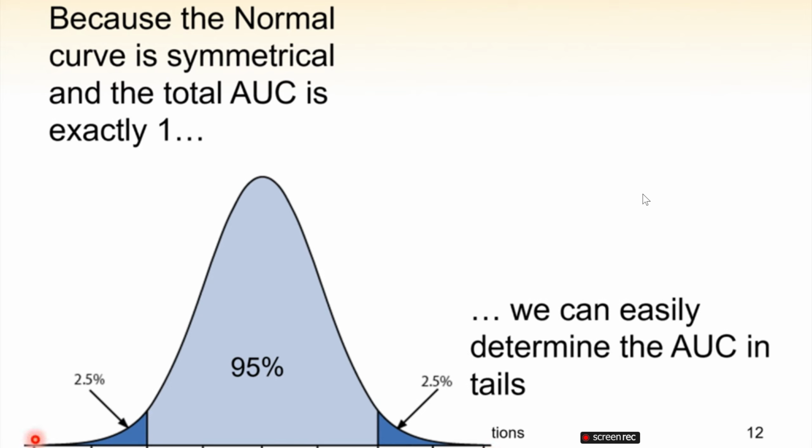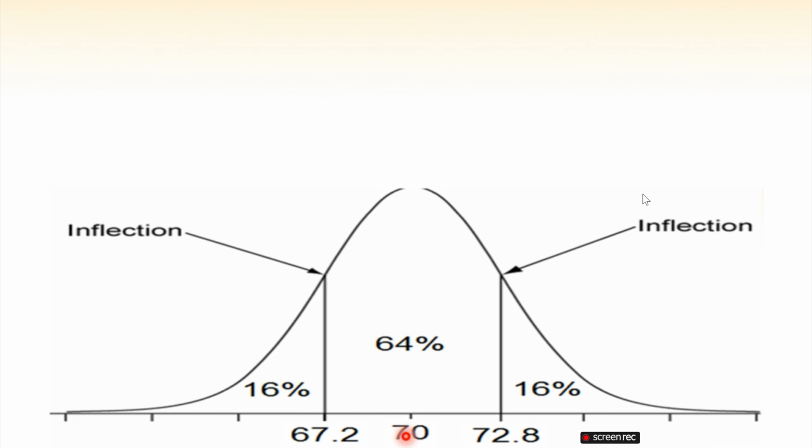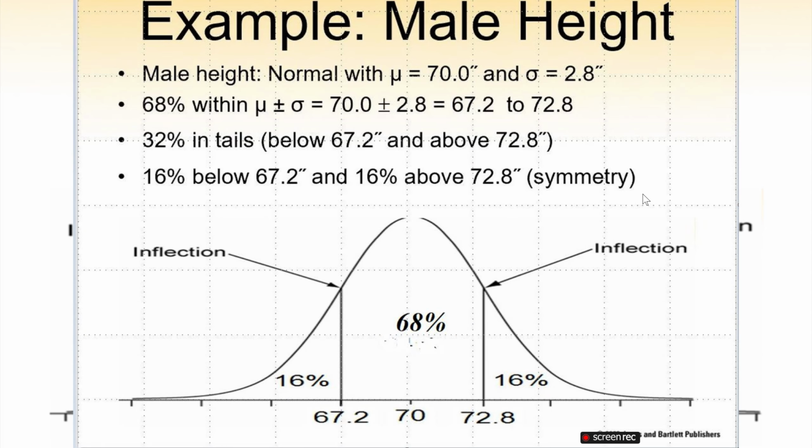And of course the probability is 1, and you can also express it in the form of percentage. So with this we can easily determine the area under the curve. A shaded portion of the curve can be determined using our 68, 95, and 99.7% rule.